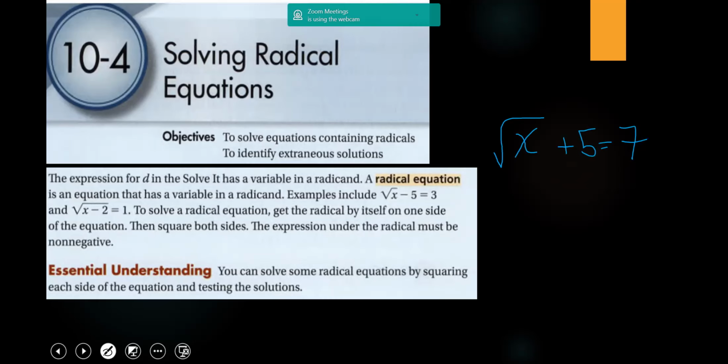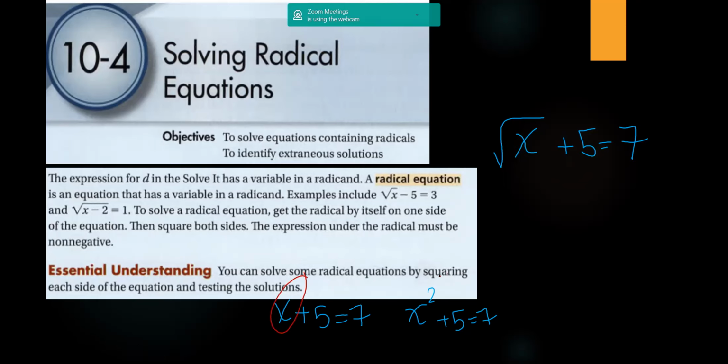If you have x plus 5 equals 7, this is a linear equation. If you have x squared plus 5 equals 7, this is a quadratic equation. Why do we say it's linear? Because the degree of the variable here is 1, so it's linear. Since the degree of the variable here is squared, it is quadratic.